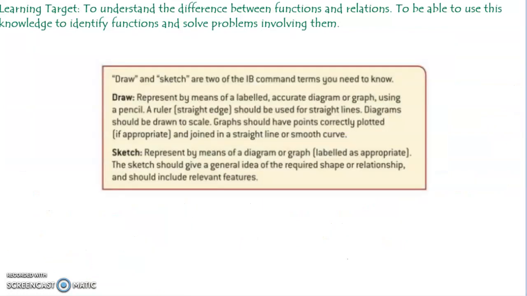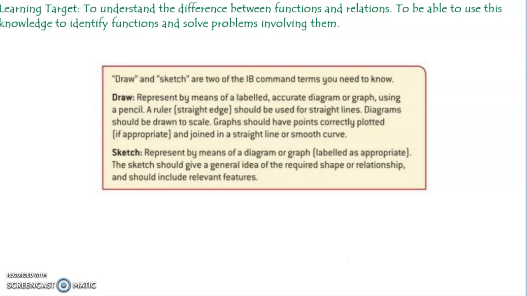Okay, the last thing we're going to be going over here is drawing versus sketching using both our current knowledge and then also the graphing calculator technology. So draw, when it is stated in IB, means you're representing a full labeled accurate diagram or graph. Okay, it has to be very nicely drawn with a ruler, straight lines, appropriate, and drawn to scale.